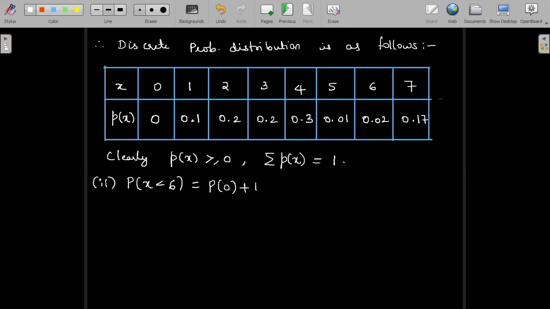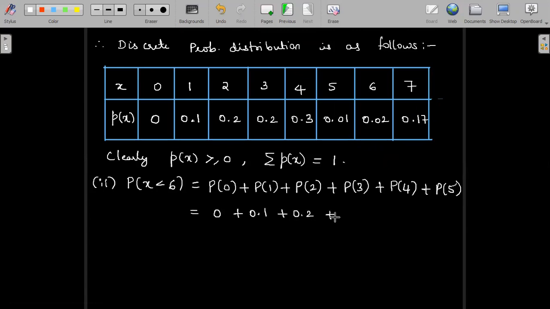It is P of 0, P of 1, P of 2, P of 3, P of 4, and then the probability of x equal to 5. So each one of them we will sum up. So it is 0 plus 0.1, 0.2, 0.2, 0.3, and the last value is 0.01. When we sum it up, the value here is equal to 0.81.